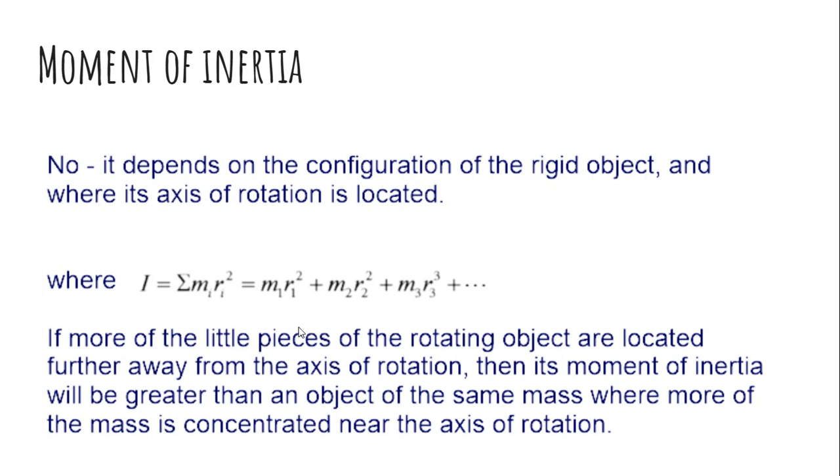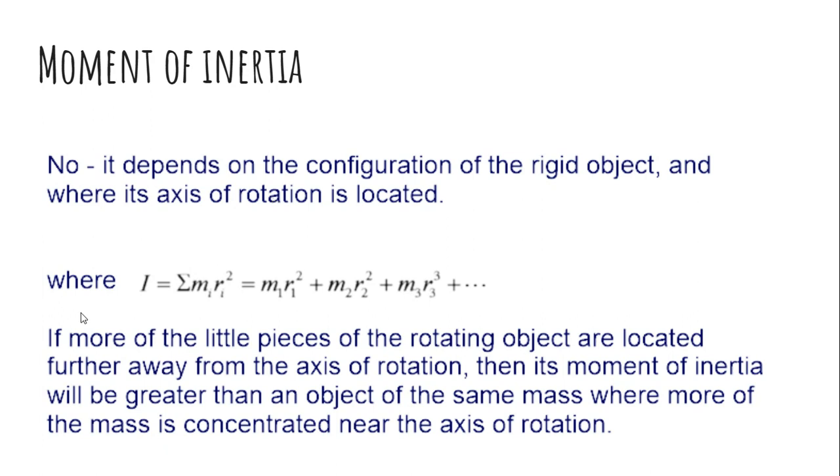If I have a circle or a sphere, and I have an axis of rotation through the middle, it's going to have one type of moment of inertia compared to the one where the axis of rotation is on the outside. That's something to keep in mind.